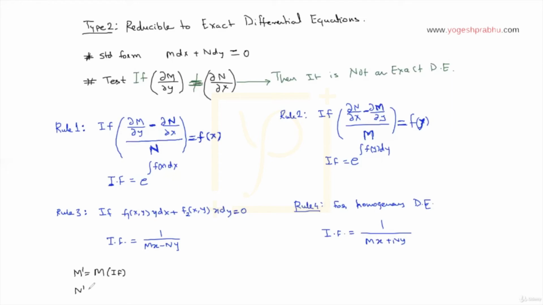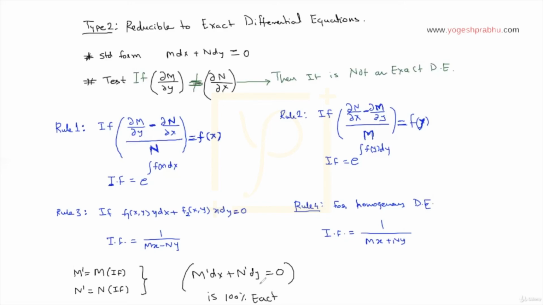Similarly, you'll find N dash as well, which is N into IF. IF is really like a magic factor. So when you multiply by IF and get M dash and N dash from M and N, and write M dash dx plus N dash dy equal to 0, this form is 100% exact. So this is definitely going to be an exact equation.